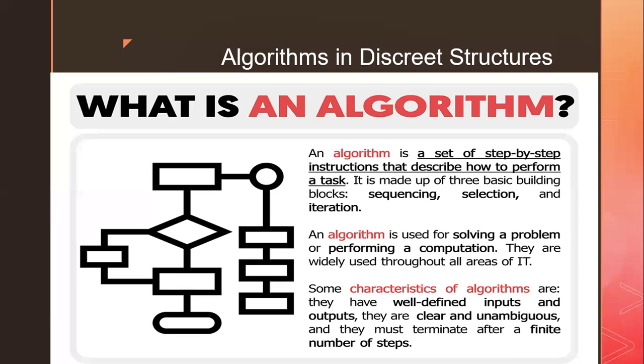And they must terminate after a finite number of steps. So an algorithm has to stop somewhere. It's not an infinite loop; it has to stop somewhere. So they are finite.